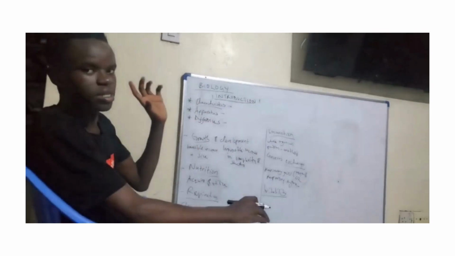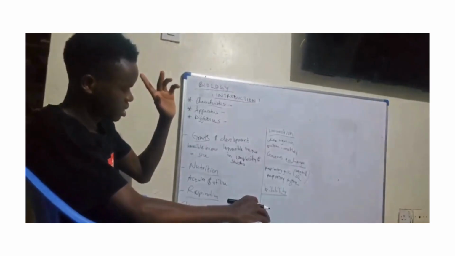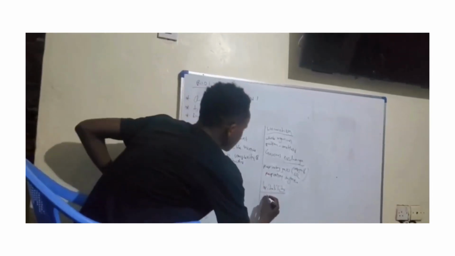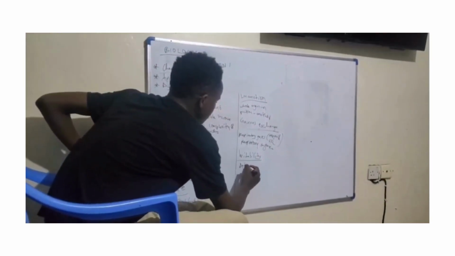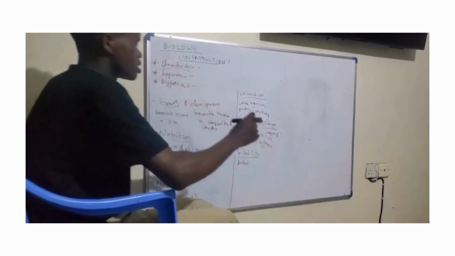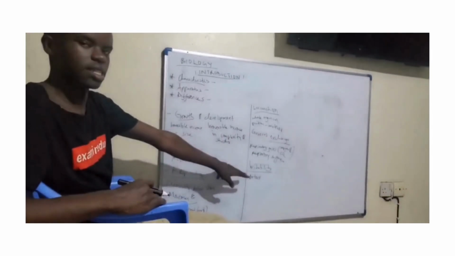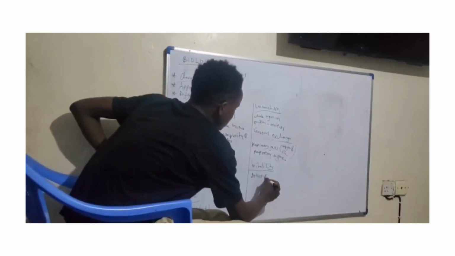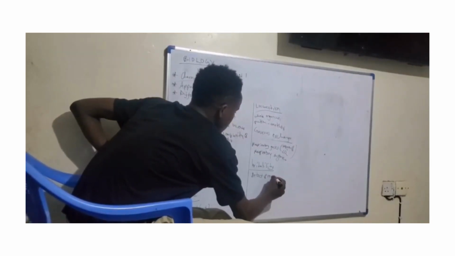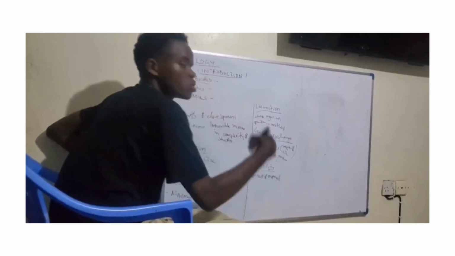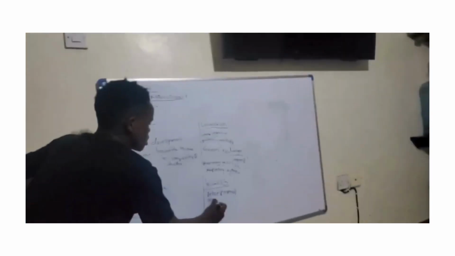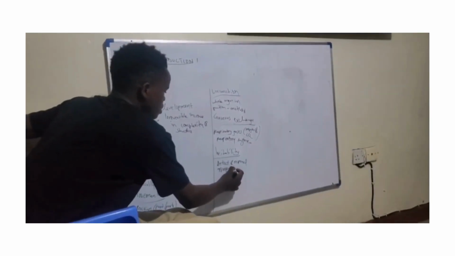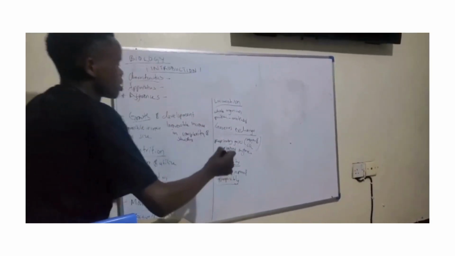Irritability is the ability of an organism first to detect changes in the environment and respond to them appropriately. Remember this keyword here, appropriately.